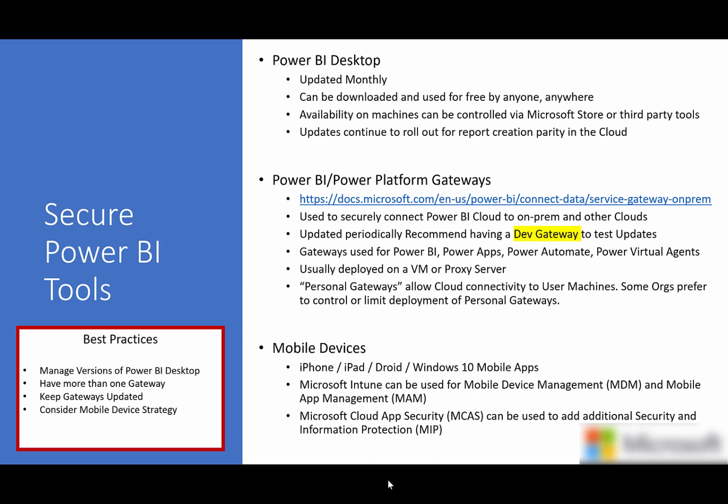These updates will continue to roll out monthly, so you might want to consider having a policy in place. As of right now, the folks who will need Power BI Desktop are people who are actually developing data sets for Power BI, and also some people who are using some of the advanced report configuration controls.